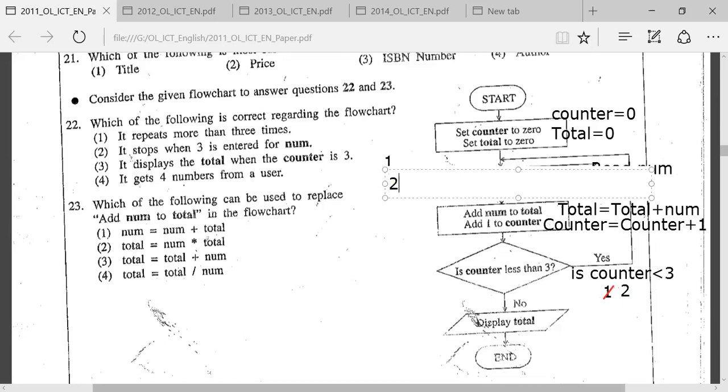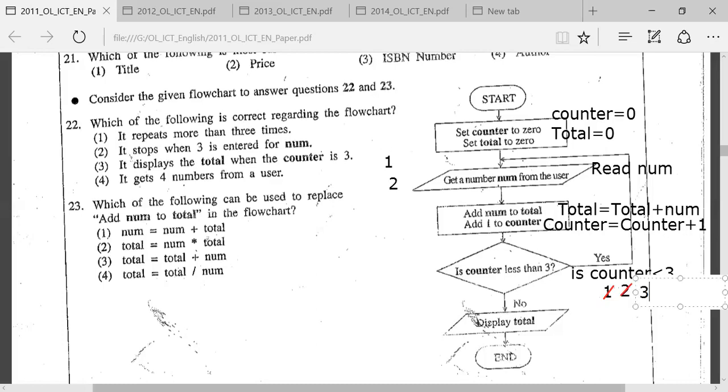So second time. Then it will input the number. Total equal total plus num. Counter equal counter plus 1. So counter already 2. 2 plus 1. Now the counter is 3. 3 less than 3, false.